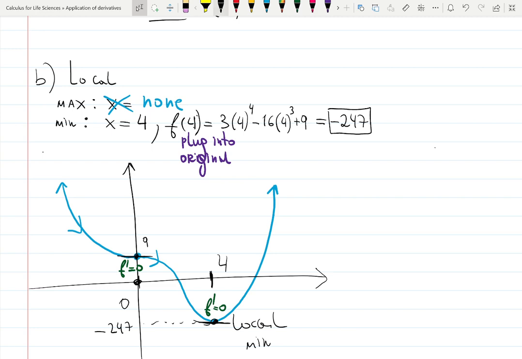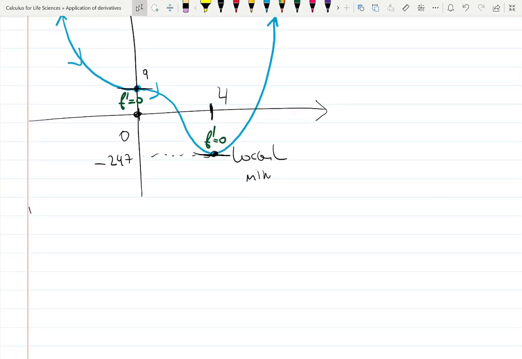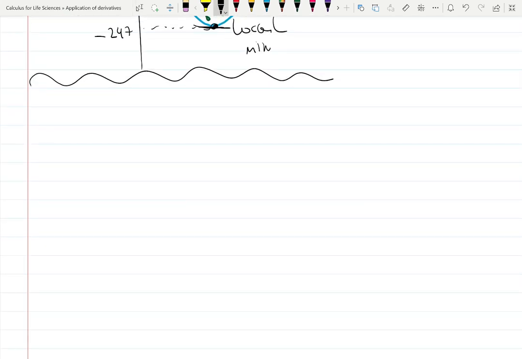Let's do something with fractions, because that freaks you guys out. Example 2. What if a function f of x is looking like so?